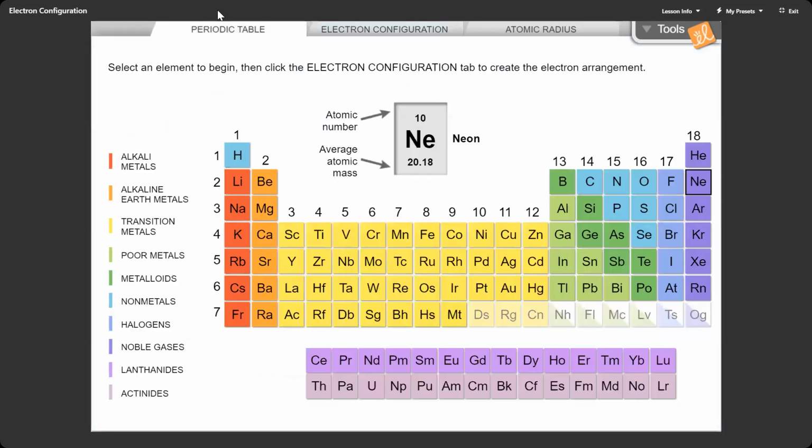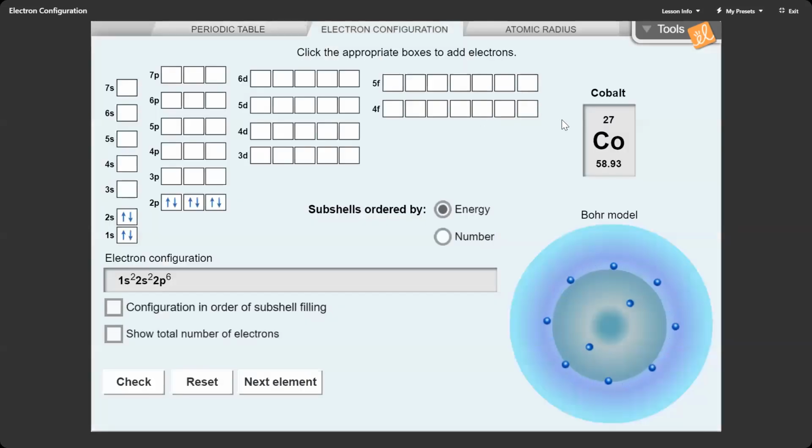So we go to the next one, cobalt. Cobalt is right here. Cobalt, 27 electrons. Atomic number is the same as the number of protons. It's a neutral atom, therefore, it's 27 electrons. So we reset.